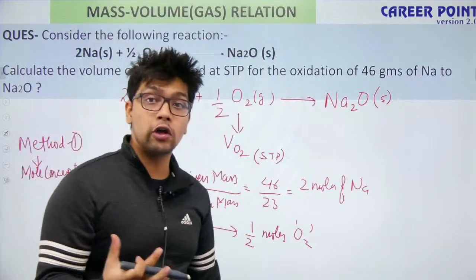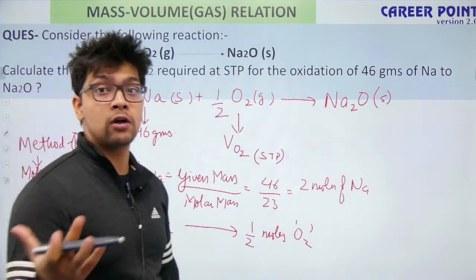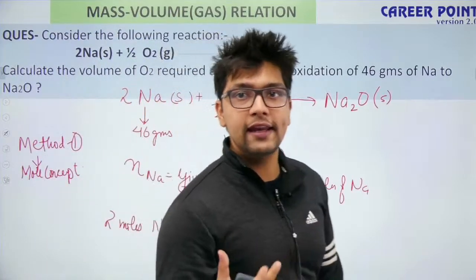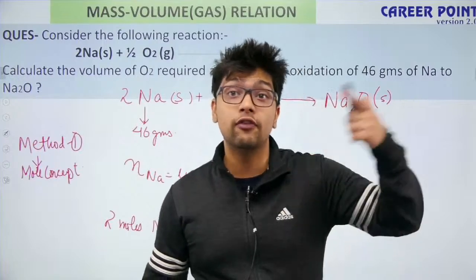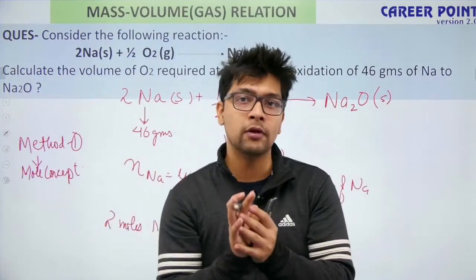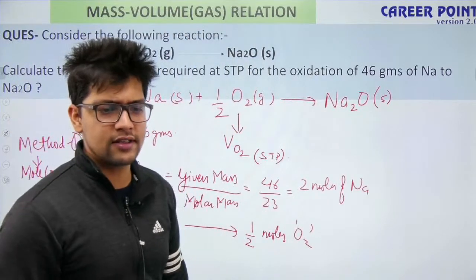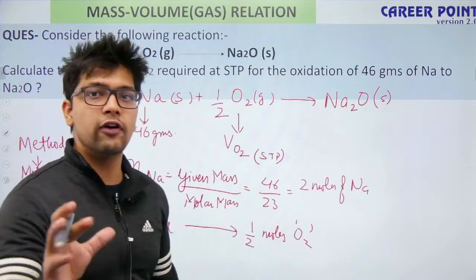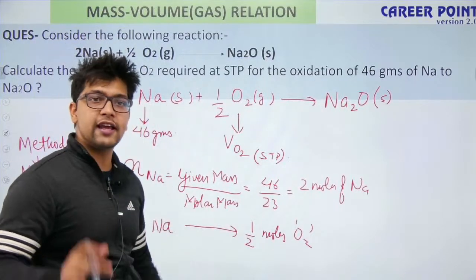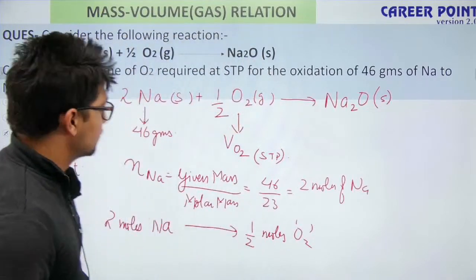Then in P block you will learn about other reactions as well. Similarly for D and F block. So the whole of inorganic chemistry is about reactions: which compound will react with which other compound and what will they form? This will come in the eventual chapters. So right now you don't need to worry about these reactions. Just worry about how to calculate. The reactions will be given to you guys. Okay? Sure, Anil. So let's proceed.